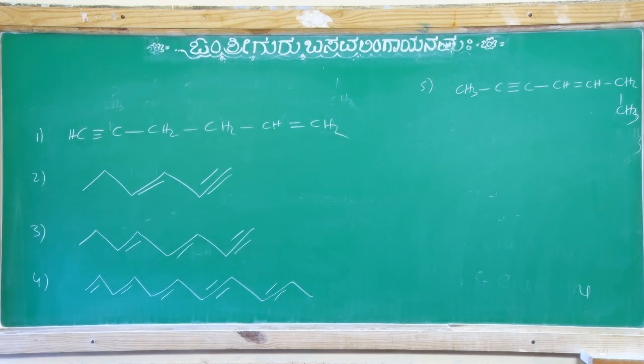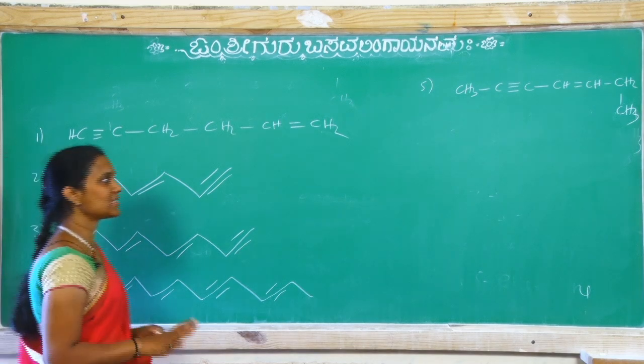First write yne, then write ene. If more than one is there, di, tri we have to use. And select the least sum.